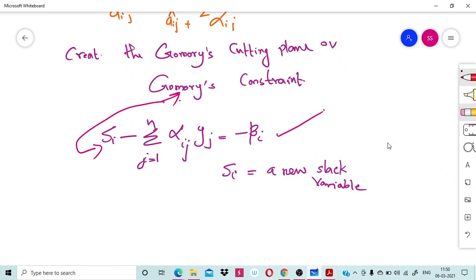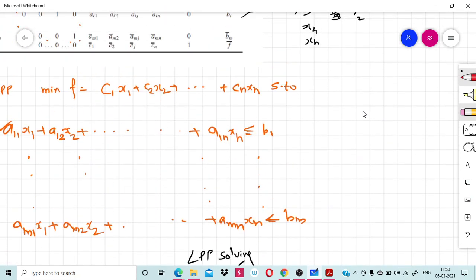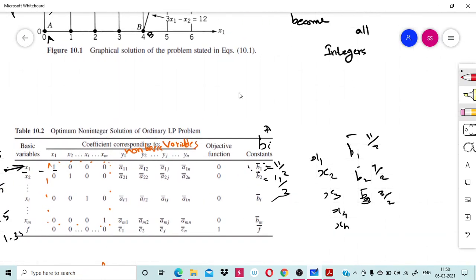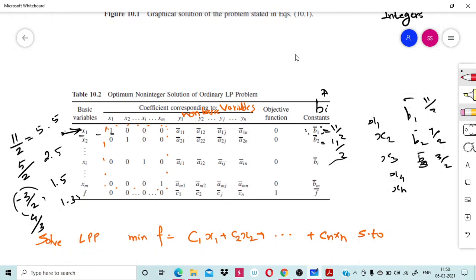Once you have this Gomory constraint, you have to apply it in your previous table. In which table do you introduce it? In this table, this 10.2 table.